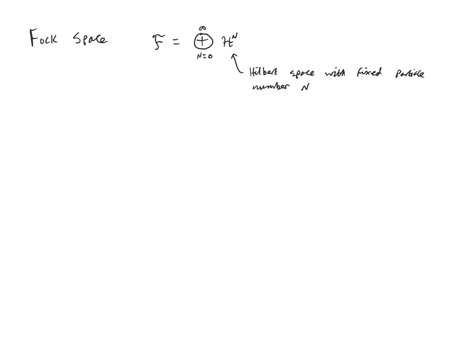Furthermore, let's have a closer look at the Hilbert space with 0 particles. This is a one-dimensional Hilbert space, which describes the sector of the theory with no particles, and it's a single normalized state, and we call it the vacuum state.